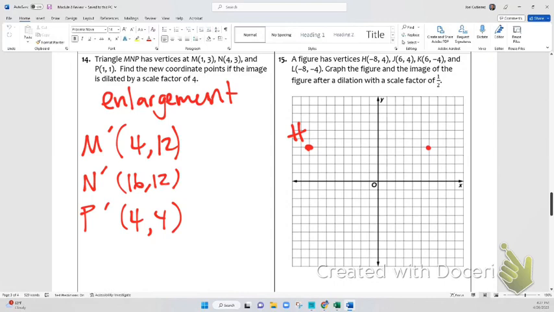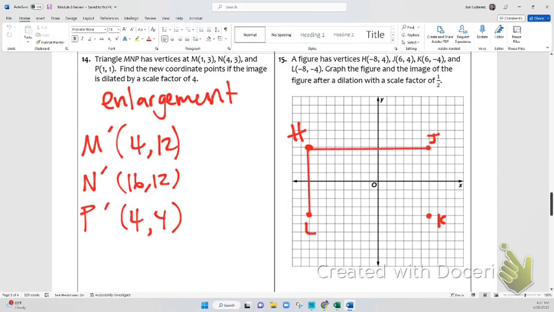This one is my J, as I have said. My K is at 6, -4. So 6 to the right, down 4 would put it here. We call this one my K. And then last but not least, my L is at -8, -4, which is going to put it here. And that one is my letter L.